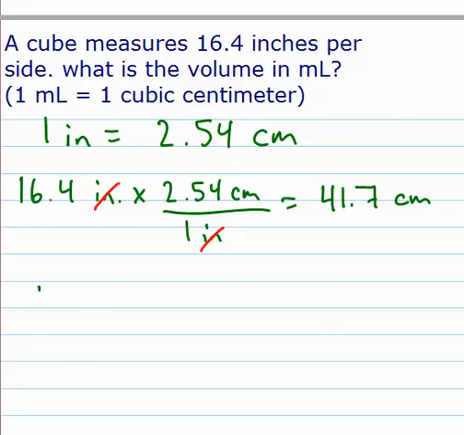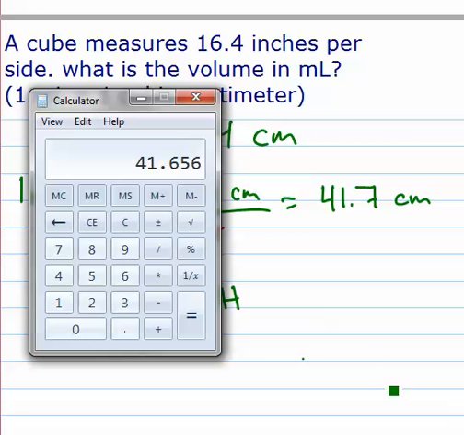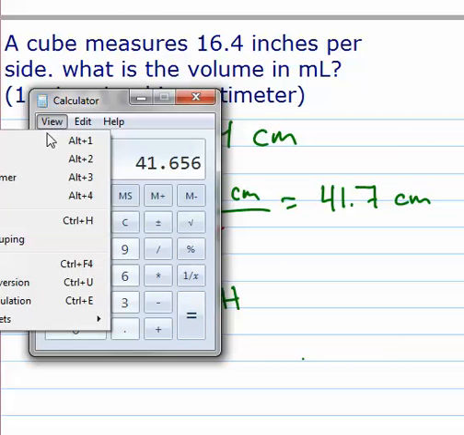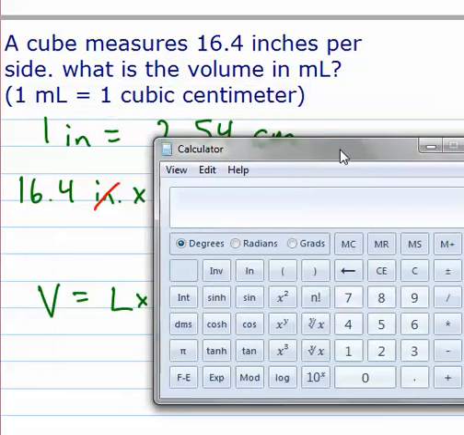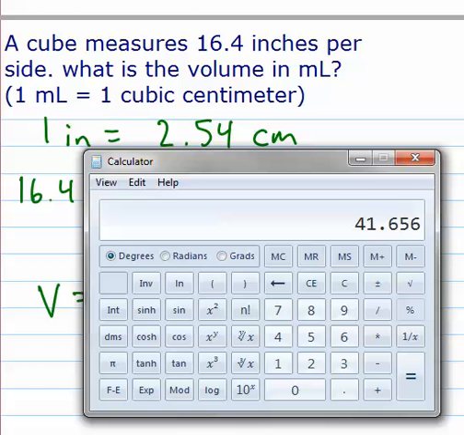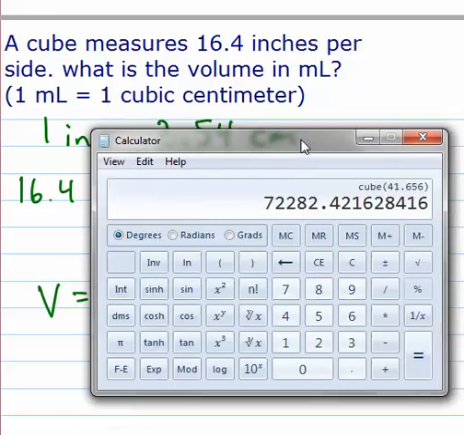So volume equals length times width times height. So we can multiply this number by itself 3 times, or we can simply raise this to the third power. So we are simply going to cube this value and round it to the appropriate number of sig figs.